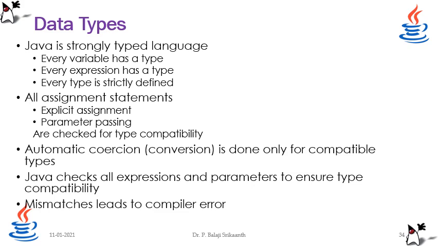If type compatibility is violated, then a compiler error is generated. Automatic conversion is done only for compatible types. Java checks all expressions and parameters to ensure type compatibility. Mismatches lead to compiler error.